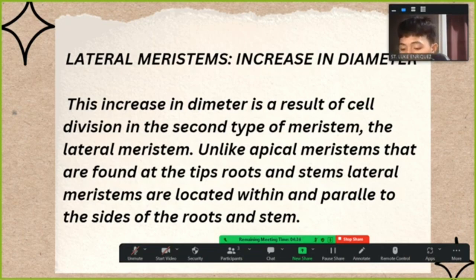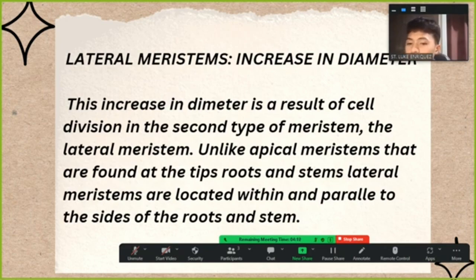So the lateral meristems can be found in roots and stems. They are in charge of secondary growth, which is the rise in stem thickness and girth. In wounded tissues, meristems regenerate from other cells and are in charge of repairing wounds.